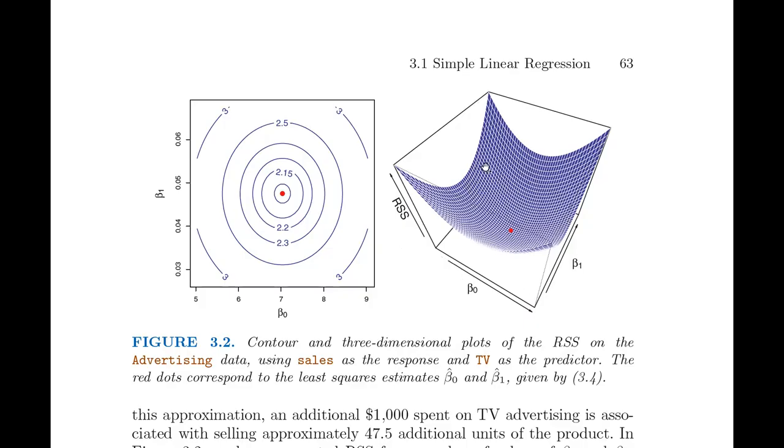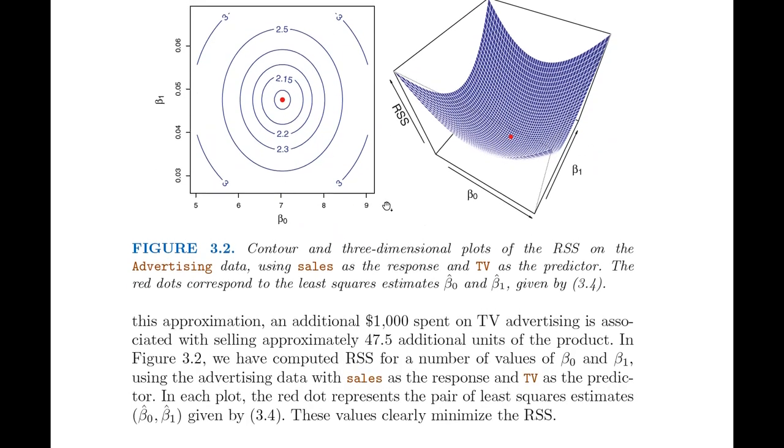Instead, it's a function of two variables. So for every beta naught and beta 1, you have a specific RSS. And for the beta naught and beta 1 that we just calculated, 5 point something and 15 point something, that's where you get the minimum of the surface. And you can even see it as a contour plot. They're the same thing.